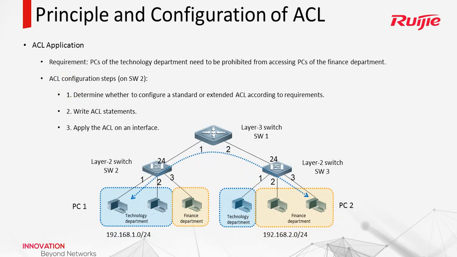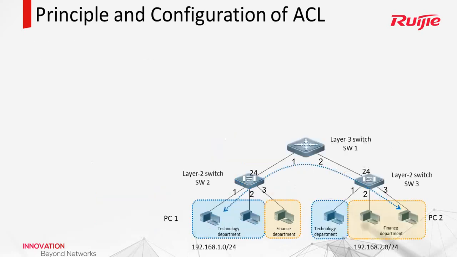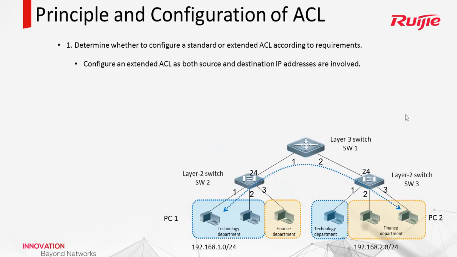Now, let us go back to finish this requirement. We can choose switch 2, 1, or 3 to finish this requirement. For example, if we choose SW2 to deny the users from technical to financial, first we also need to choose standard or extended, then write the ACL entries, and at last, apply it on the interface. First, of course, we need to use the extended because we need to check source and destination.